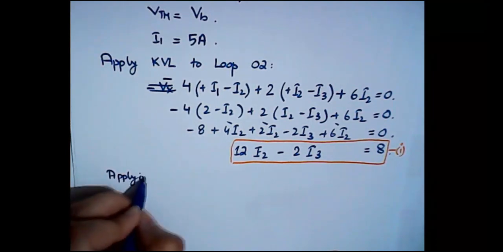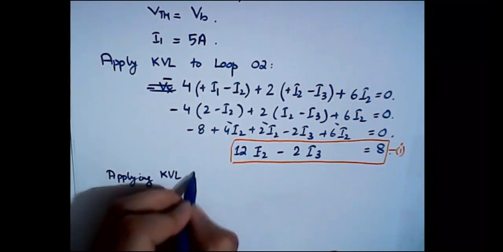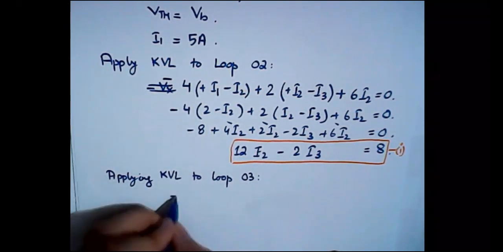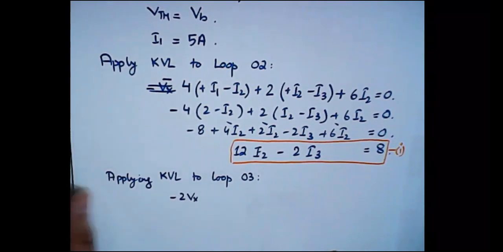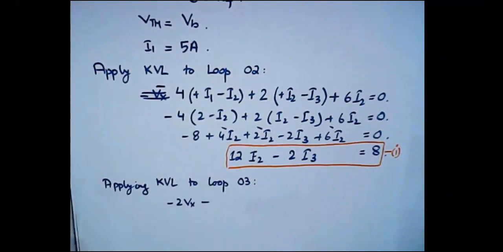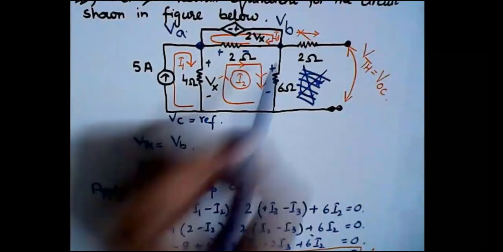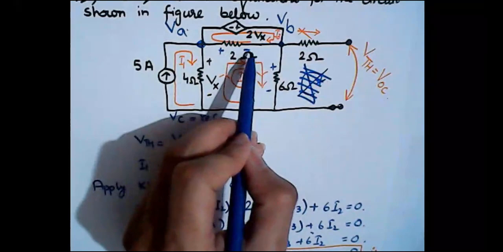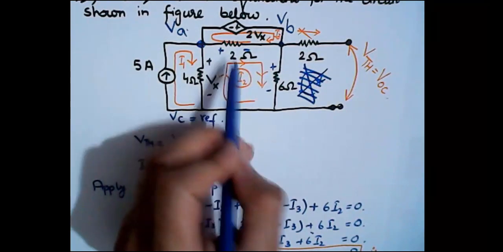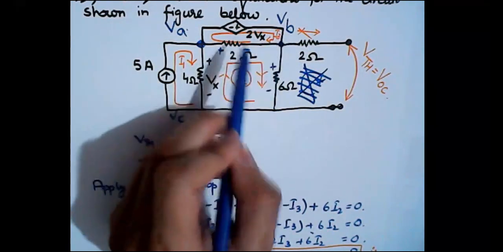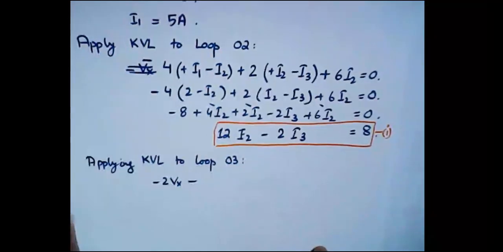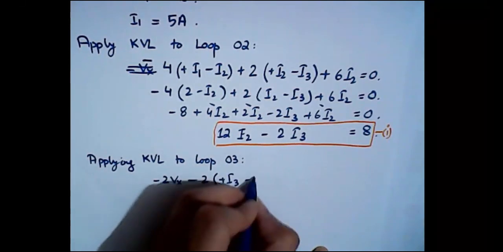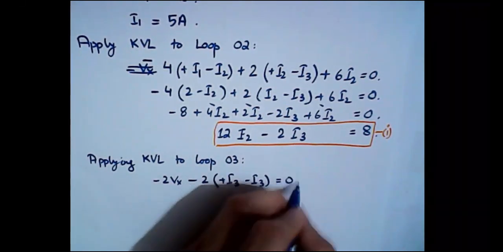Applying KVL to loop 3: minus 2Vx, and then the current is entering the negative terminal, right? And then we have two currents. I2 is entering the positive terminal, I3 is entering the negative terminal, and the resistance is 2, which means minus 2 plus I2 minus I3 is equal to 0.